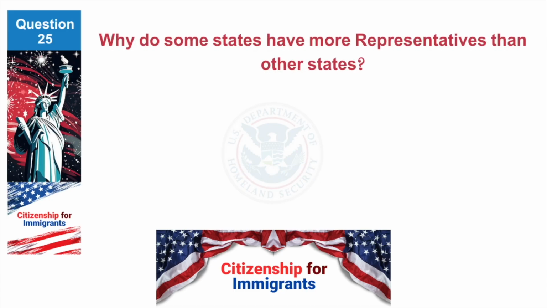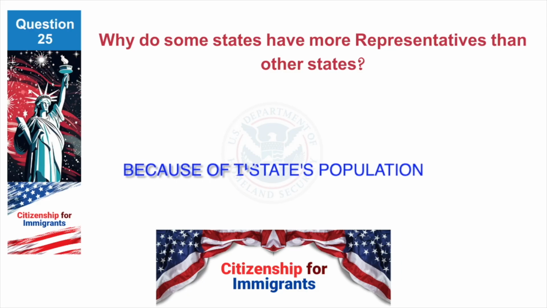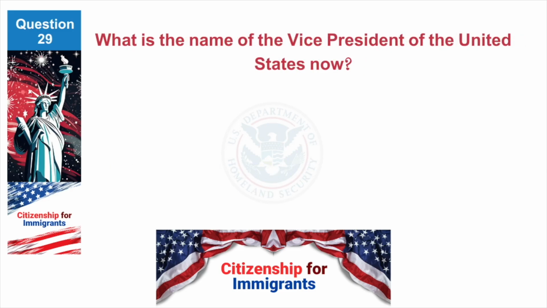Why do some states have more representatives than other states? Because of the state's population. What is the name of the Vice President of the United States now? J.D. Vance.